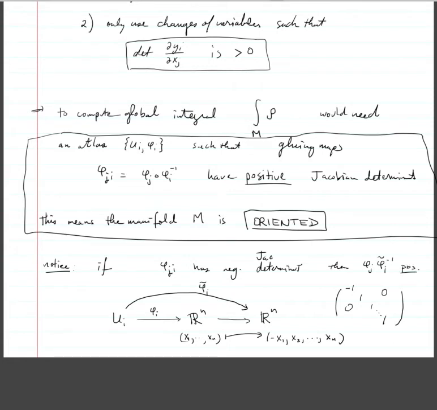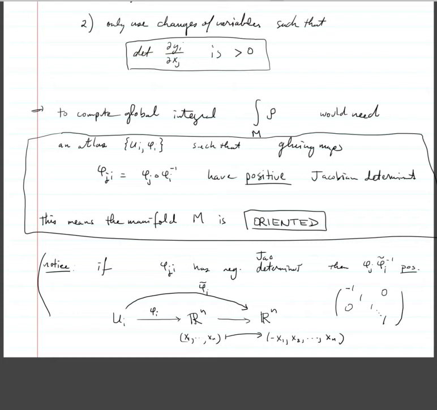So if you have an orientation, namely a choice of atlas such that the gluing maps are positive, and you have some other chart that you're interested in that compares badly with the atlas, maybe it doesn't have the right orientation, then you could modify it just by post-composing it by one of these maps. That's just a comment about how easy it is to change the orientation of a given chart.